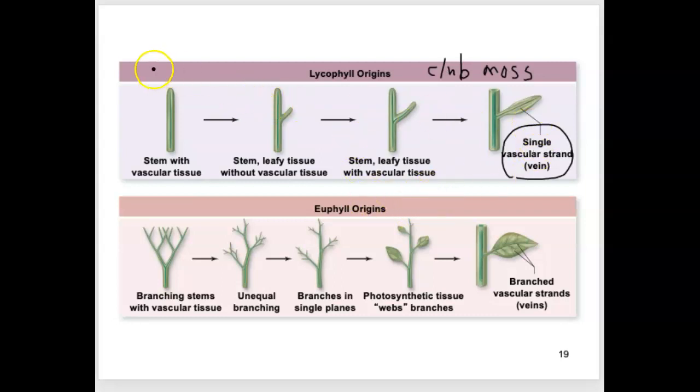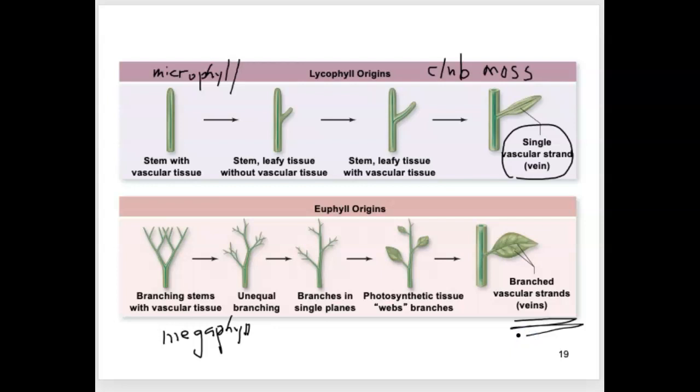So up here, microphyll. And then down here, the megaphyll. Mega just means bigger. Okay, so branched vascular strands, much more surface area.